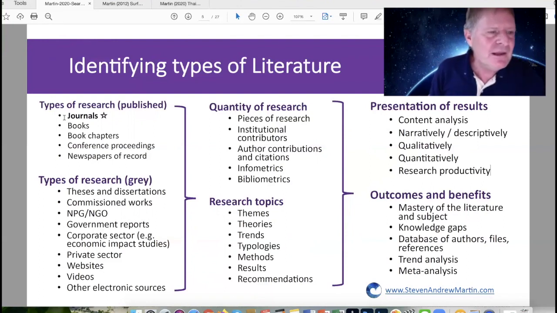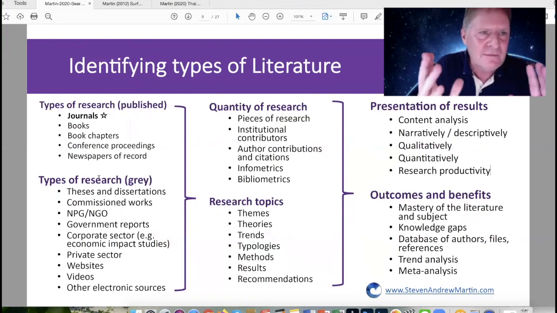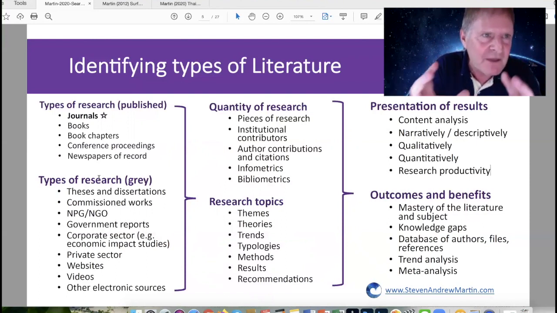So for example, let me... Is that what we call the literature review? Well, this is much deeper than just a literature review, right? Because we come at it from so many different types of analysis, we're not just reviewing the literature, we're analyzing a large body of literature. And the key idea is that you create that body of literature, based on criteria that you have put forth and explained in your methodology.